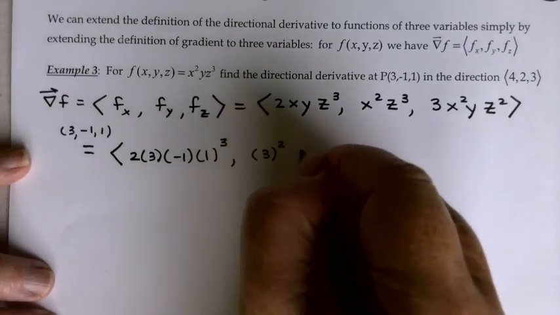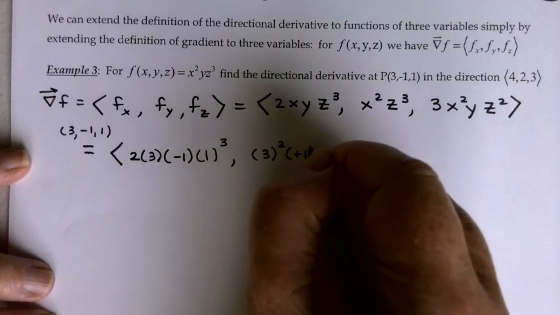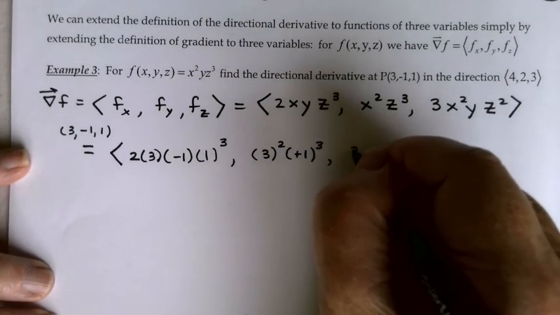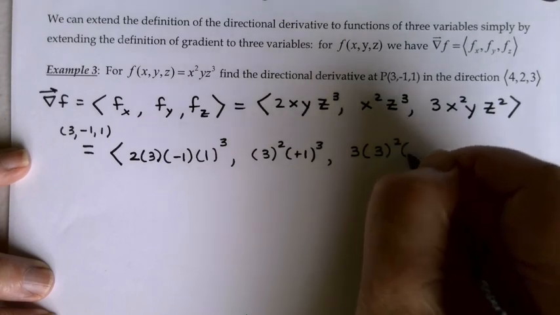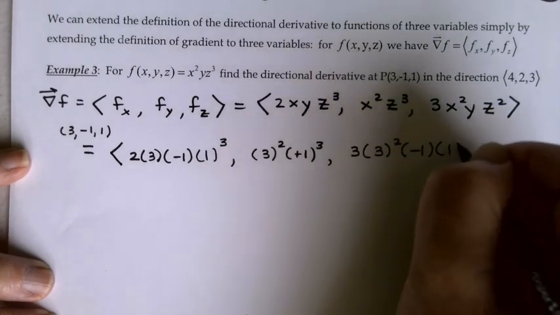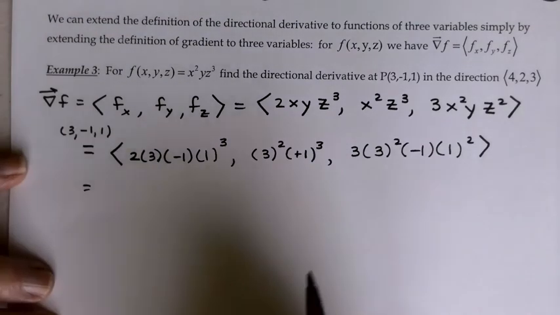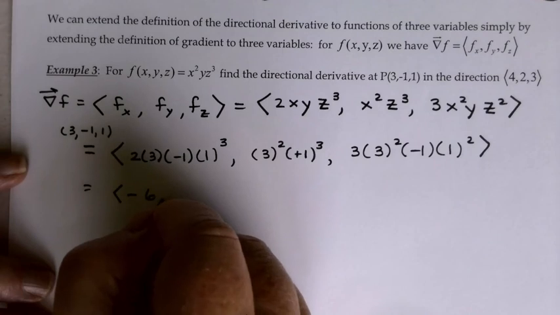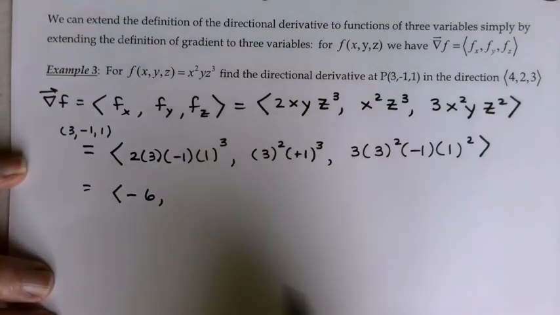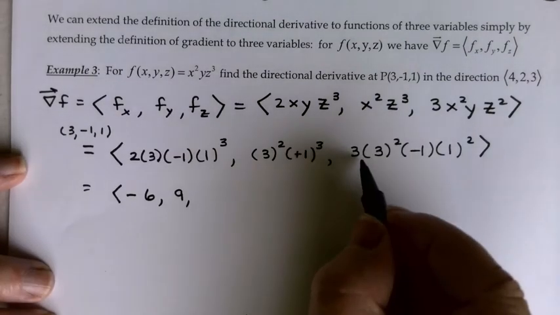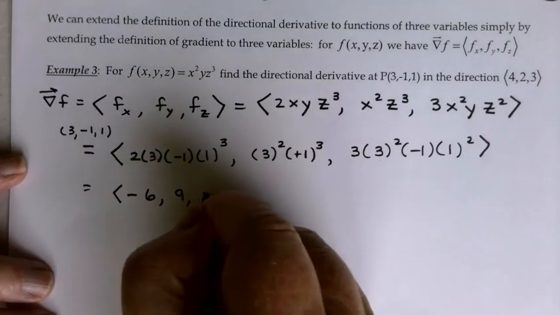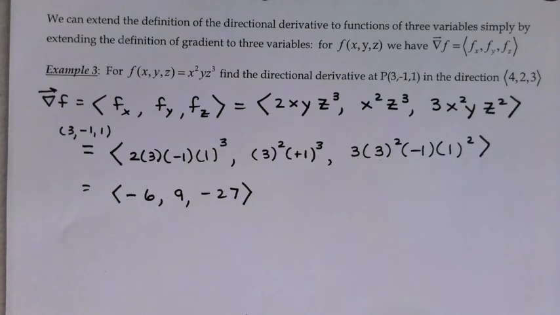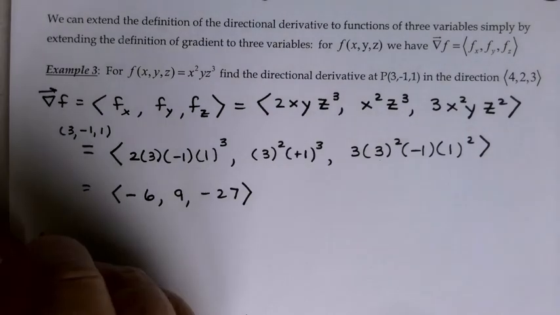And then I have 3 squared times, whoops, that's a positive 1 for z cubed. And then 3 times 3 squared times negative 1 times 1 squared. It's going to give me negative 6. 9 times 1 is 9. And 27 times negative 1 would be negative 27. So there's my gradient.